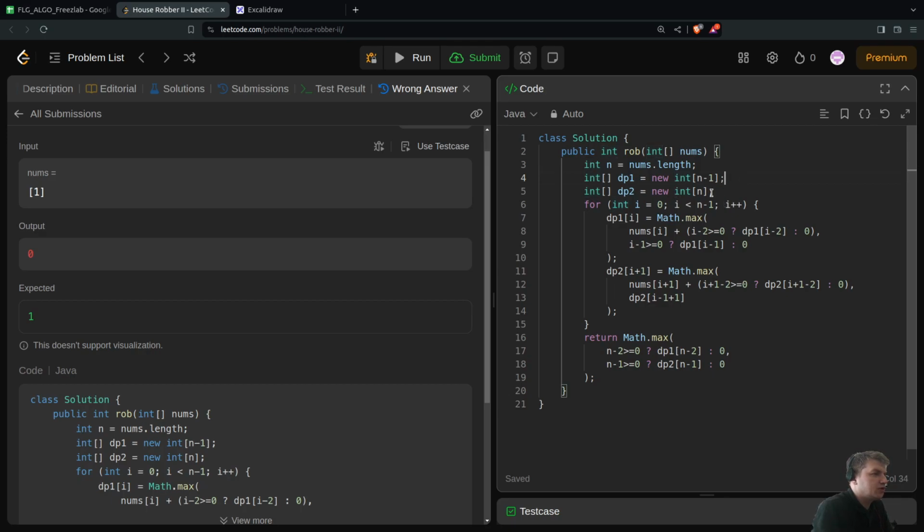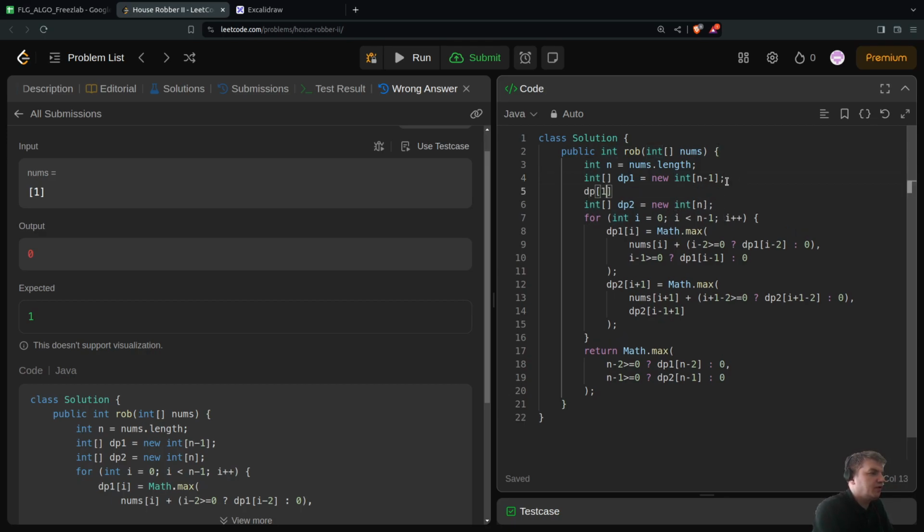So initially I should also put dp1 0 equal nums 0, something like this, dp1.